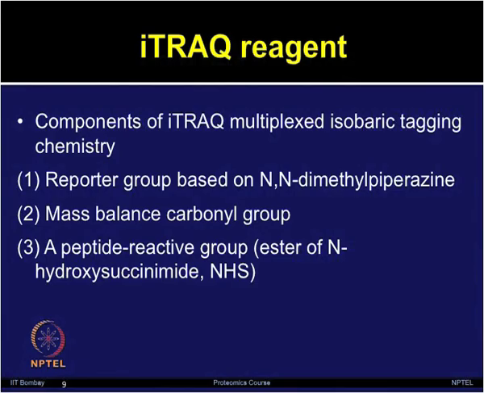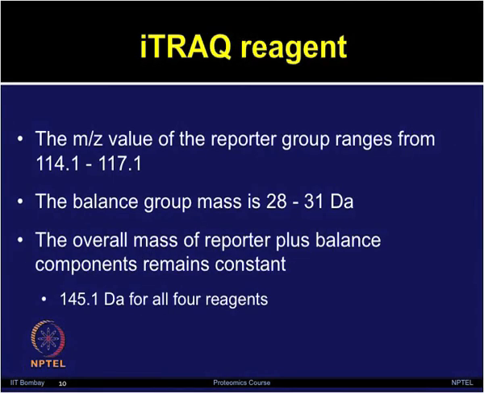One is the reporter group, which is based on N,N-dimethylpiperazine or DMP. Second is a mass balanced carbonyl group, and third is a peptide reactive group, which is an ester of N-hydroxysuccinimide, NHS. The mass to charge value of these reporter groups ranges from 114.1 to 117.1 if you are using a 4-plex reagent.